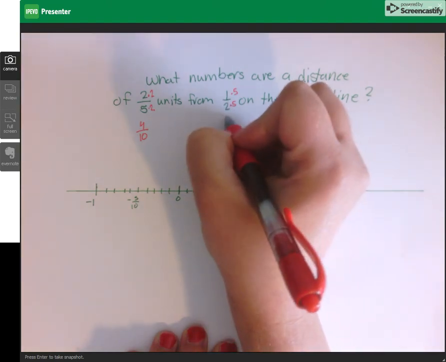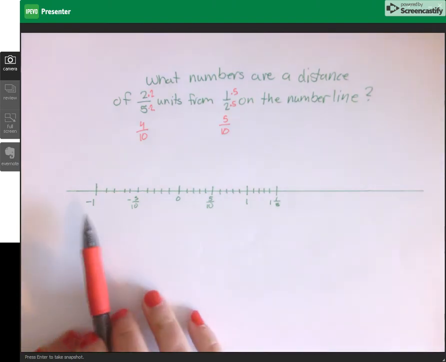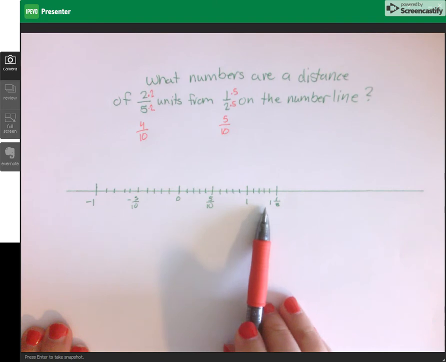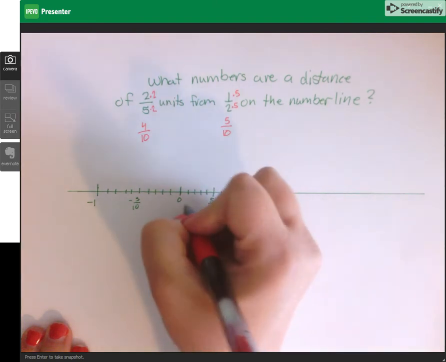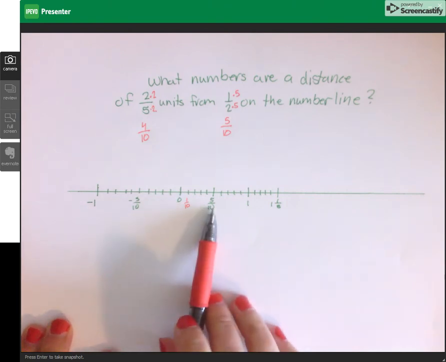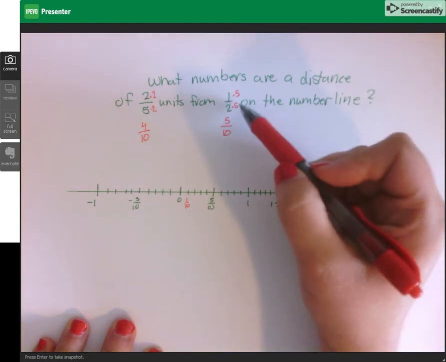So this now gives us 5/10. So now we can set our number line in base units of 1/10. And that's exactly what I've got here. We have each one is 1/10. Well, you can see that 5/10 is the same thing as 1/2.